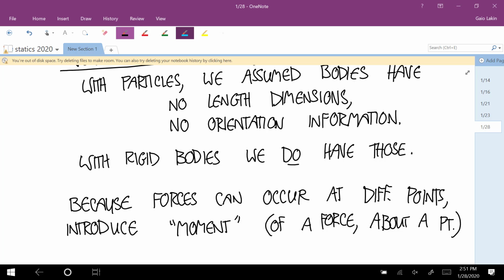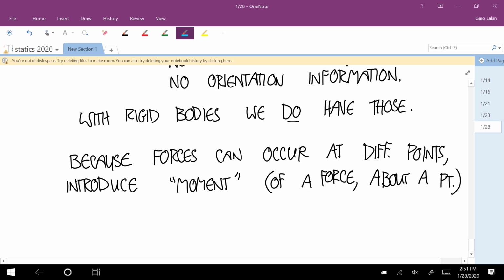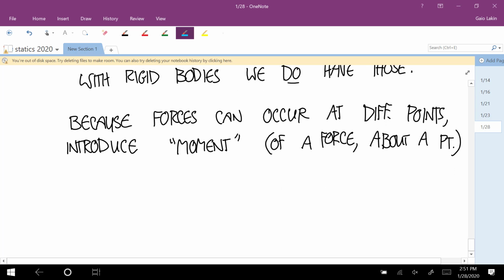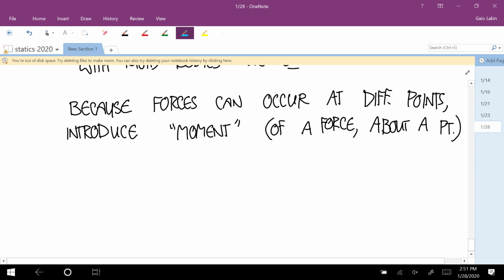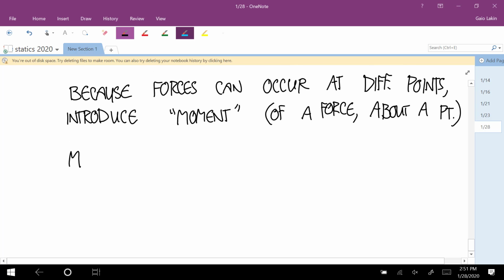That's why you see that come up in a lot of things: area moment of inertia in deformable bodies, mass moment of inertia in dynamics, moment of a force. They all just meet this mathematical definition of a moment. That's why they give them all these matching names. So, okay, here's the moment.